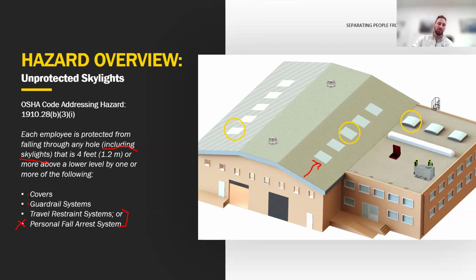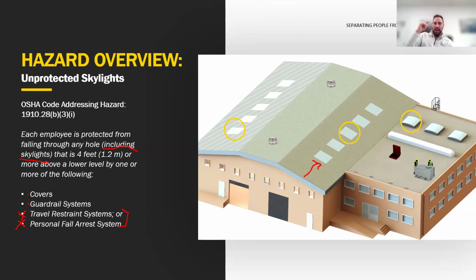OSHA gives us the option, but OSHA is bare minimum fall protection, and we haven't eliminated all the hazards. Travel restraint is better because I can get to the hole but not fall into the hole. But in practice, it's really hard to design, because when I have a travel restraint system along an edge, I need to maintain 2 feet of clearance away from any single edge.